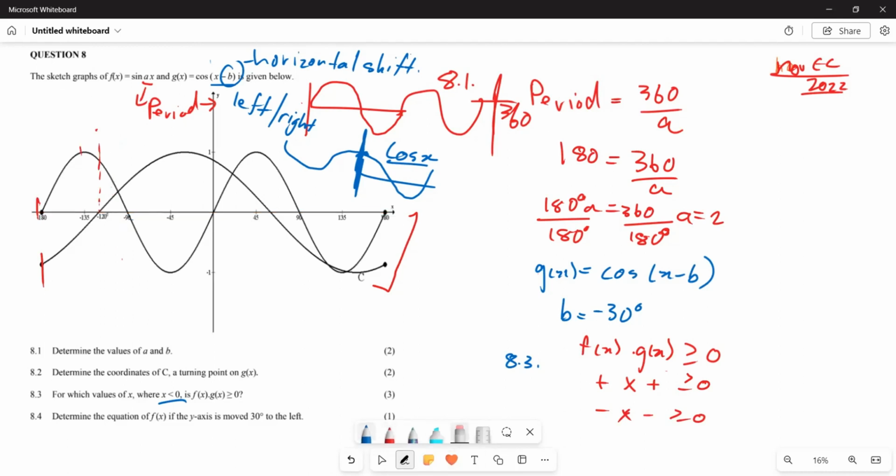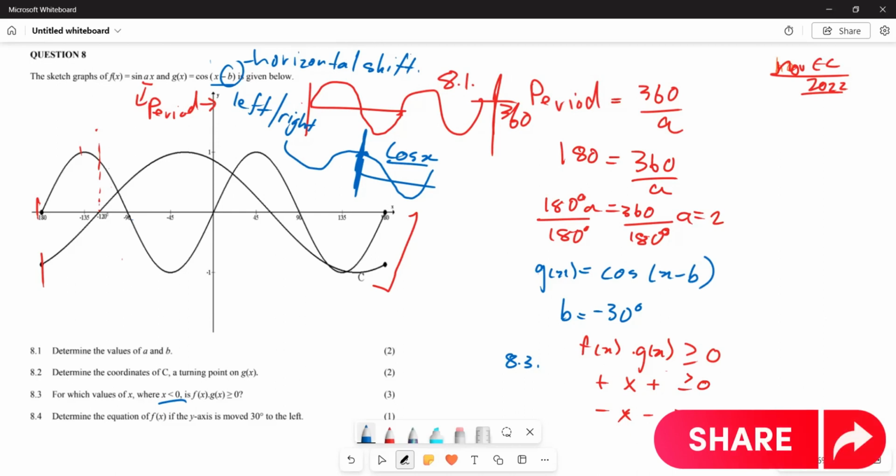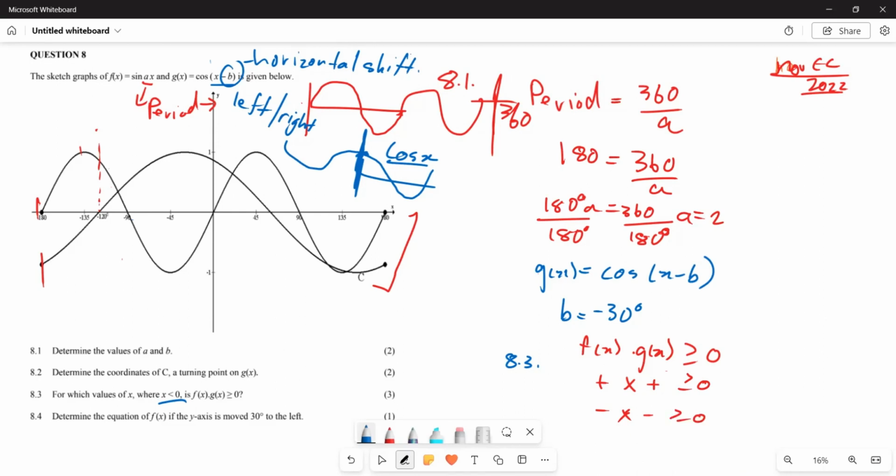Both of these graphs here, at negative 120 and negative 90 degrees. If you look at up until here, what are you going to get?